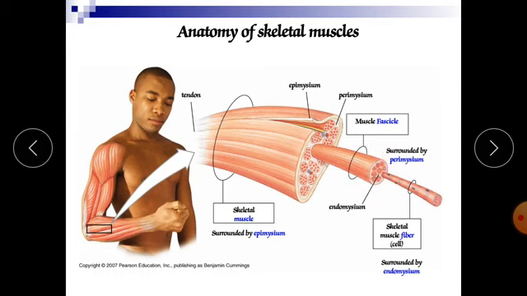It penetrates the interior of each fascicle and separates individual muscle fibers from one another. The endomysium is mostly reticular fibers. You can see the reticular fibers here, and the skeletal muscle fiber cells are surrounded by the endomysium.